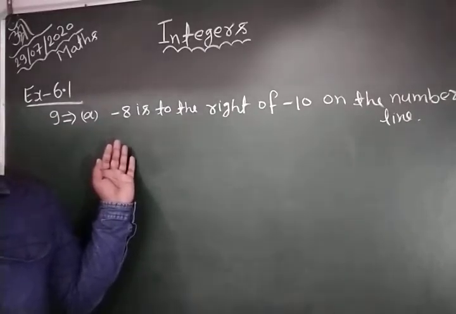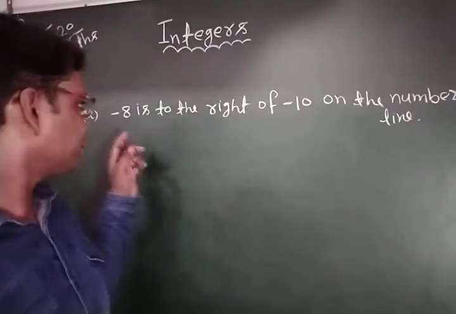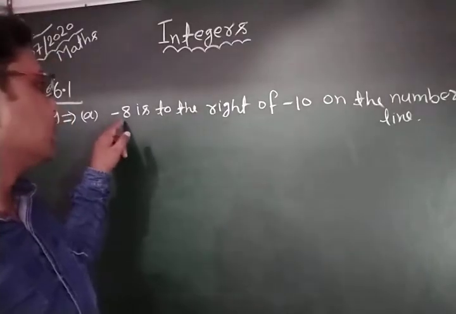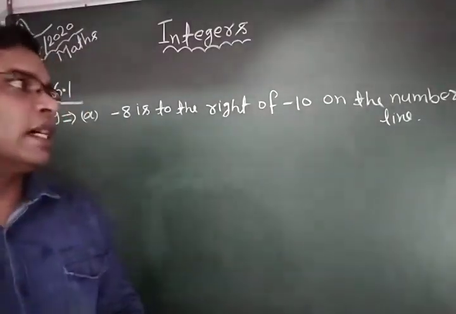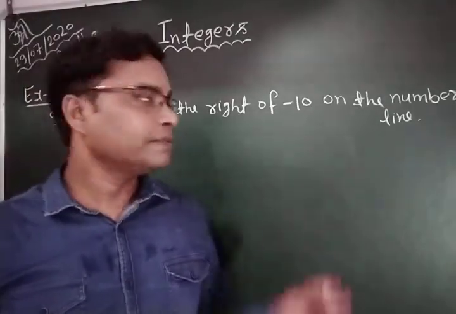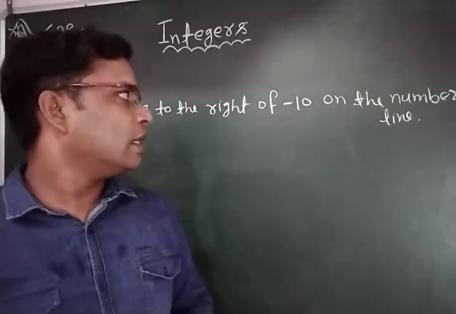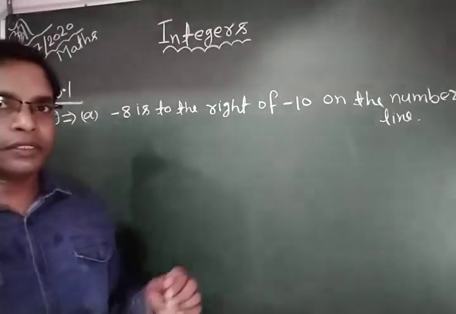If the statement is false, correct the statement. Part A of question number 9 is: -8 is to the right of -10 on the number line.